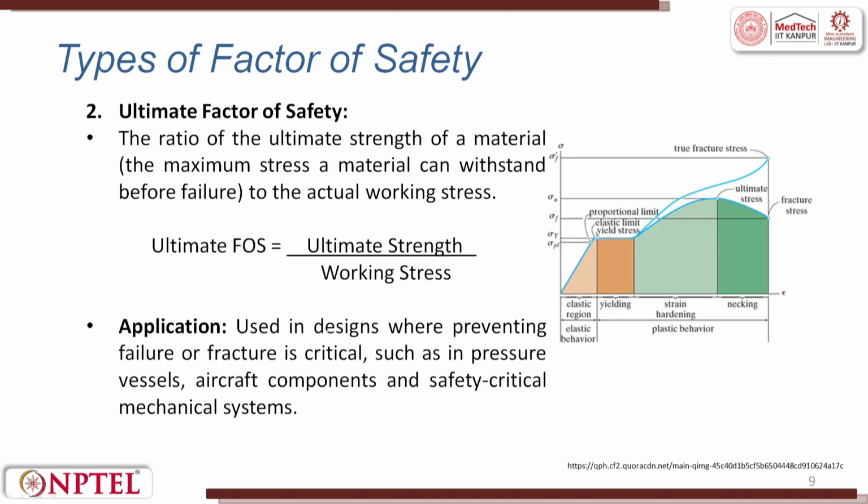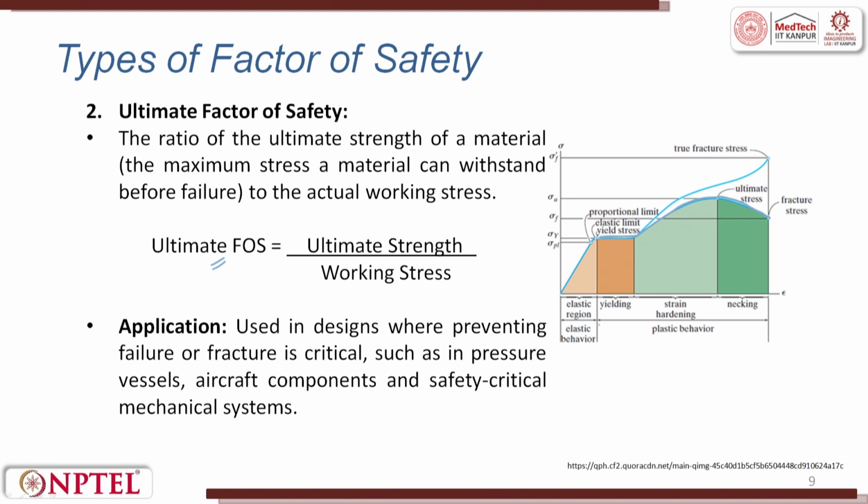There is something called ultimate FOS. The ratio of ultimate strength of the material to the actual working stress is called ultimate FOS. If you look at the response of stress versus strain, you can see multiple zones coming into existence, right. You can see here the elastic region, then there is a yield stress, and then we get into ultimate, and then we get into fracture.